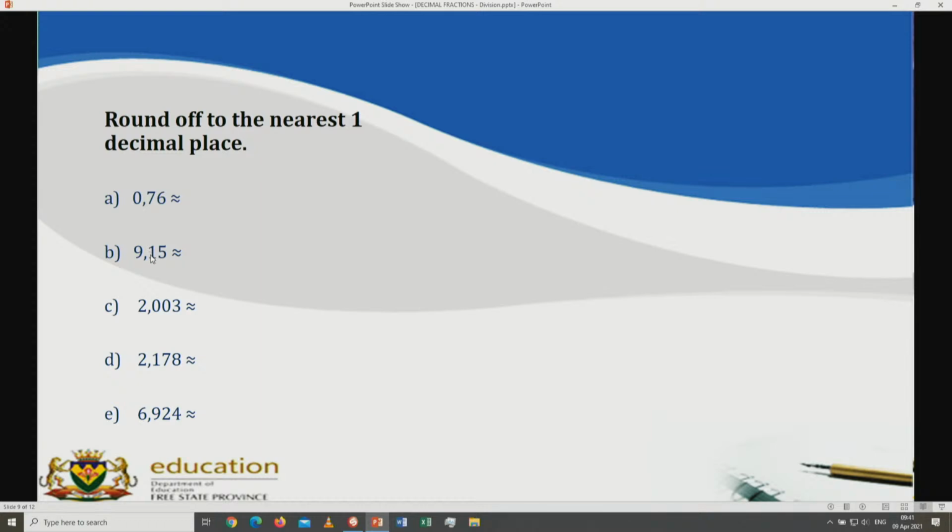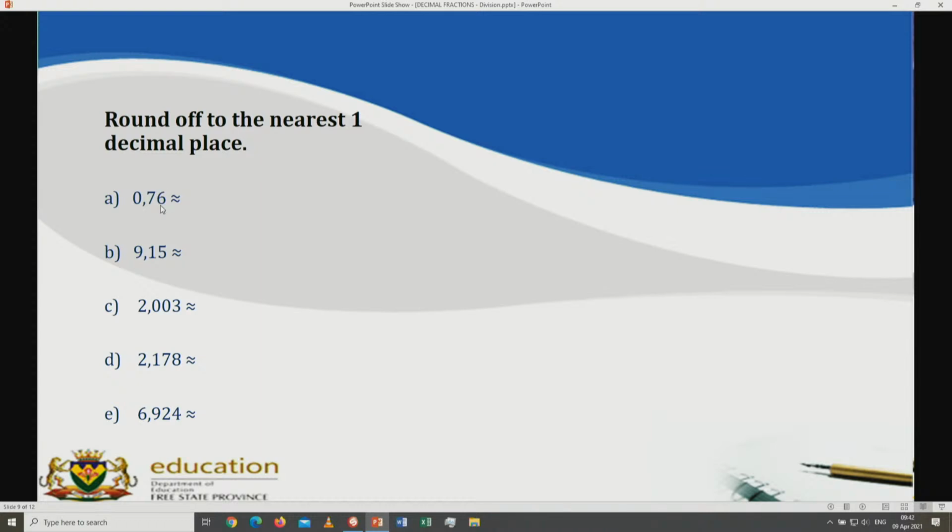So after the decimal, we are going to have only one place remaining, not anymore 2 decimal places, but just 1 decimal place remaining. Okay, what tells us now to round up or round down?